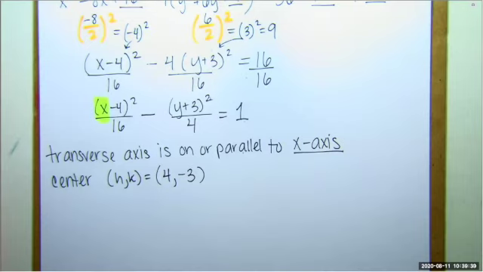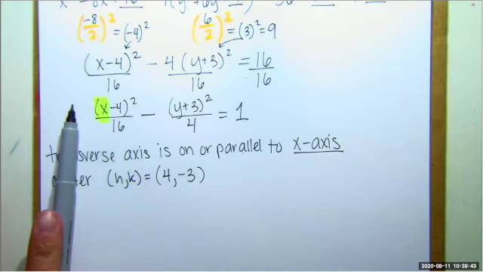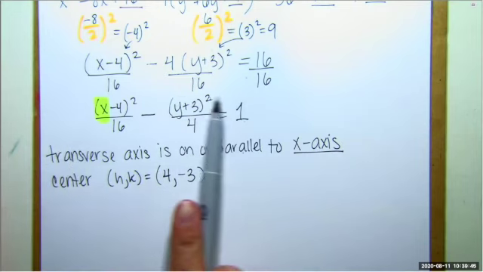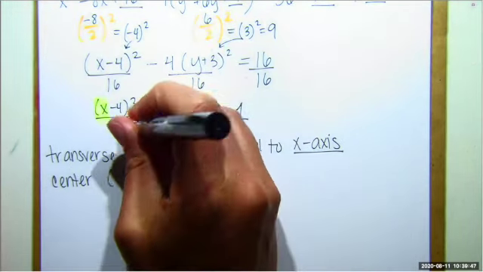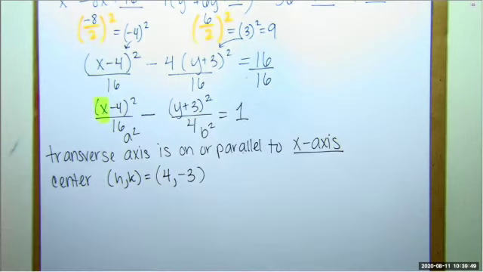In order to do that, we need to find a, b, and c. Remember, on a hyperbola, we're going from left to right alphabetically. So this is a squared, and this is b squared. Remember that the ellipse is different. For the ellipse, whichever denominator is larger gets to be a squared, and that also determines where our major axis is.